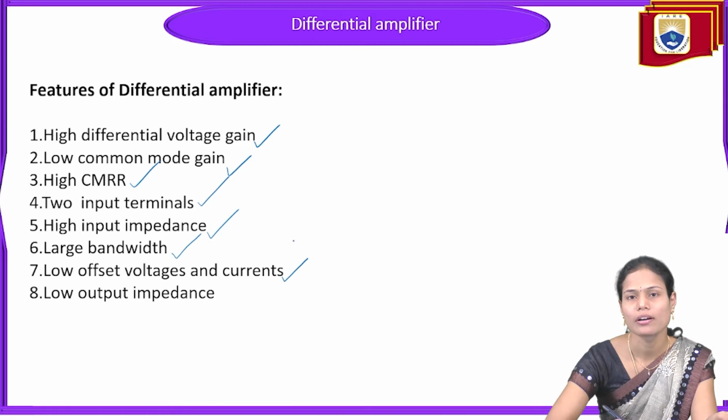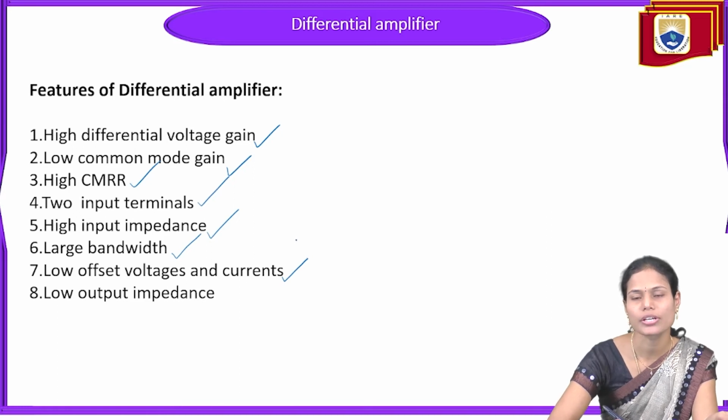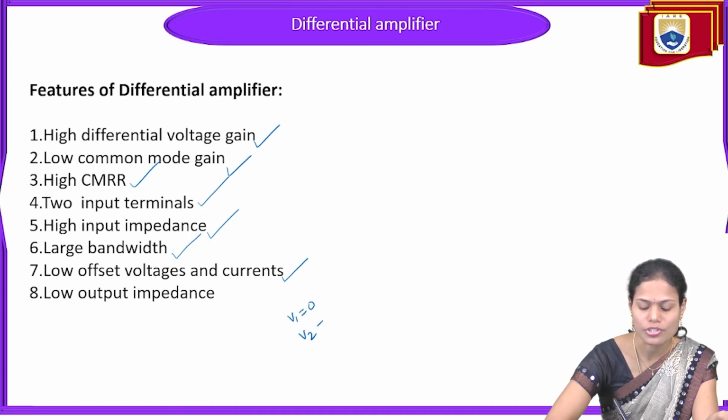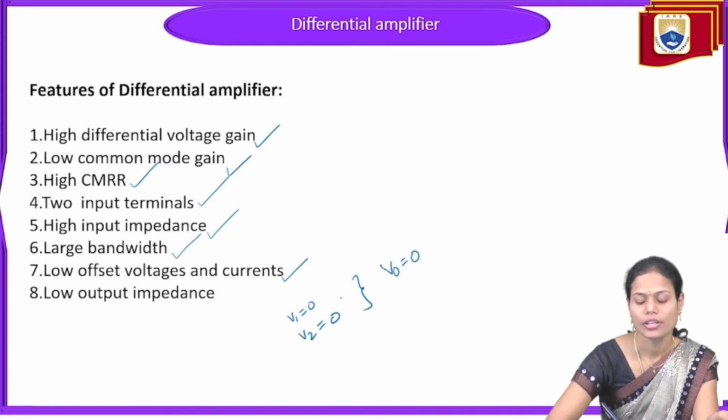What is meant by offset voltage and offset current here? Whenever both the input voltages are zero in a differential amplifier, in the ideal case we should not get any output voltage. If we are not providing any input to the differential amplifier, in the ideal case it should provide zero.